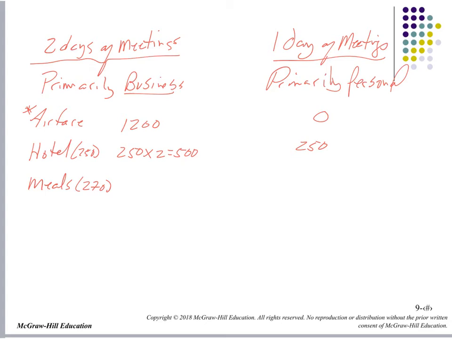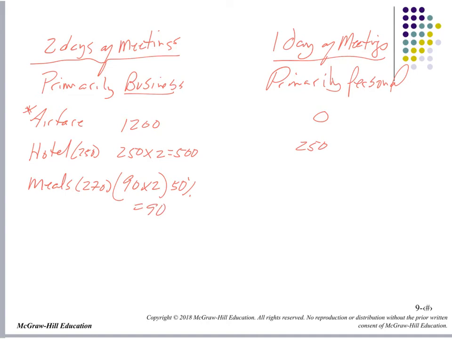Okay? But remember that meals automatically, you only get to deduct 50% of anything you qualify for. So we've got 90 times 2, or I got to erase that. There we go. Times 50%, okay? And so that equals 90.